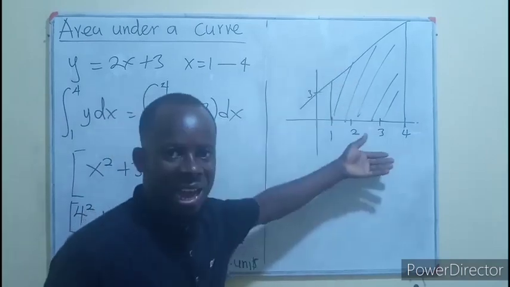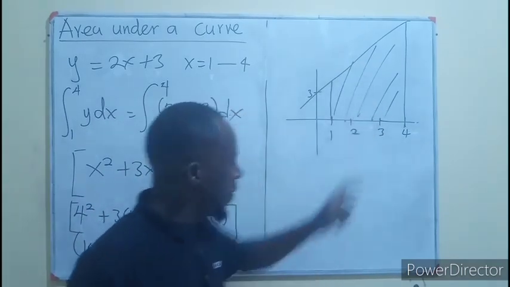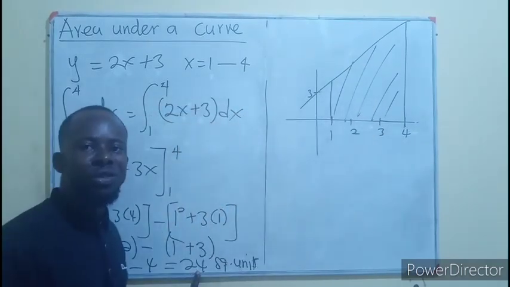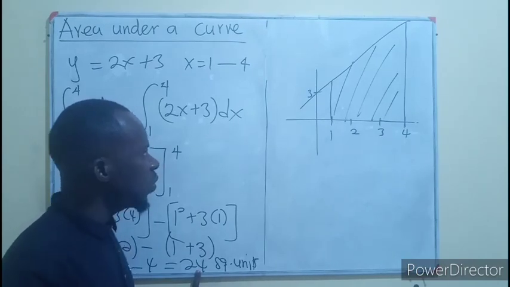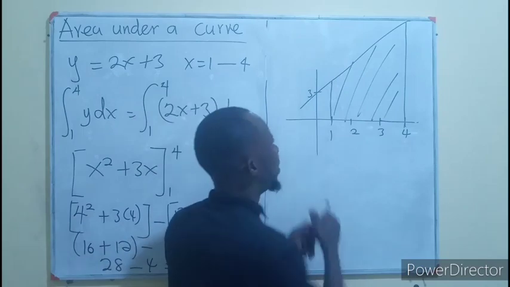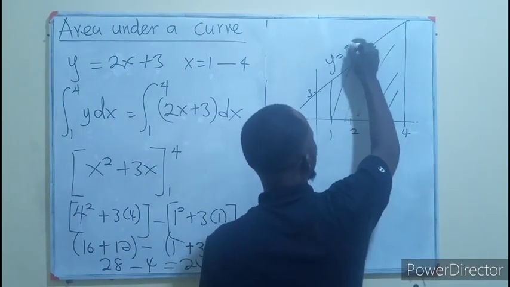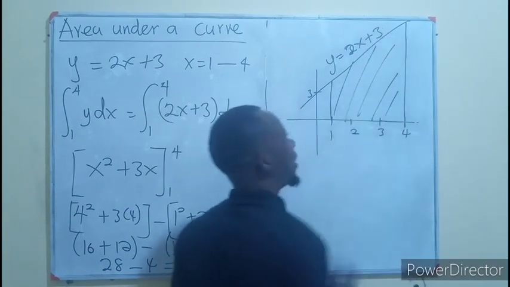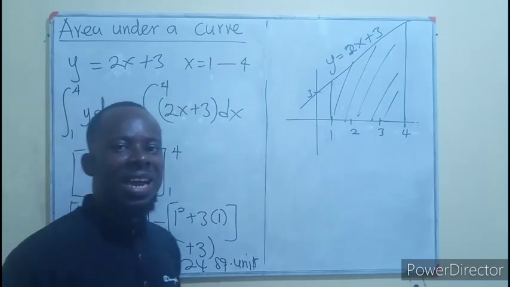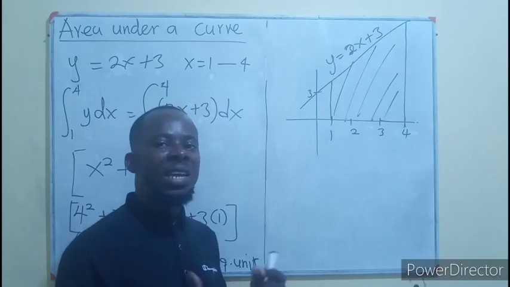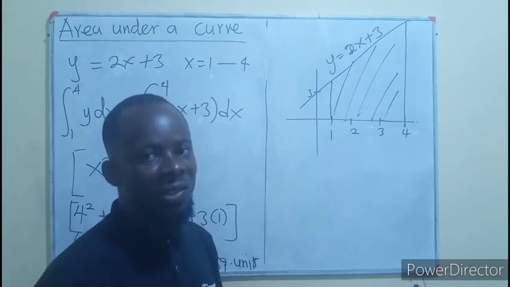What is the area shaded here? That area is 24 square units. How do we get that? That is the integral of the line, which is y equals 2x plus 3. So basically, finding the area under a curve is just performing a definite integral.